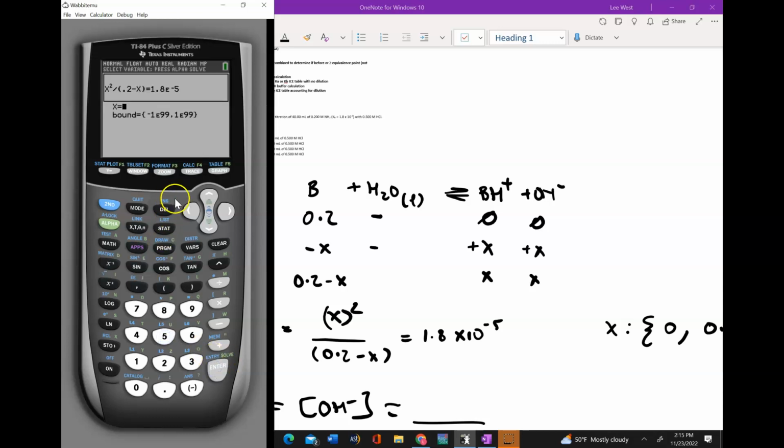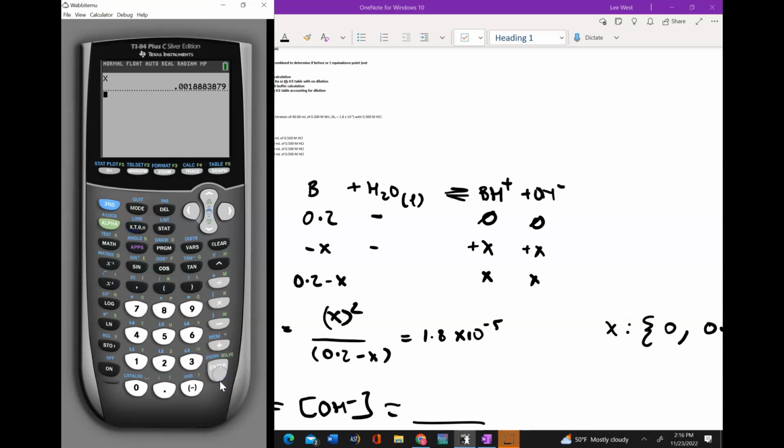And then now we're going to set our range. Our lower bound is 0, and our upper one is going to be 0.2. Okay, so my guess of x, I'm just going to put it in the middle, 0.1, and now I'm going to solve, and there's my x.